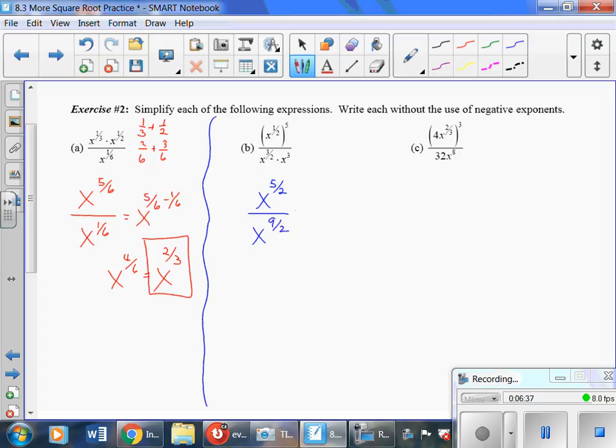And then again, we can do this using our calculators. So it's x to the 5/2 minus 9/2, which is equal to x to the negative 4/2, which is equal to x to the negative 2. Of course, we're not allowed to leave it that way, so it's 1 over x squared.